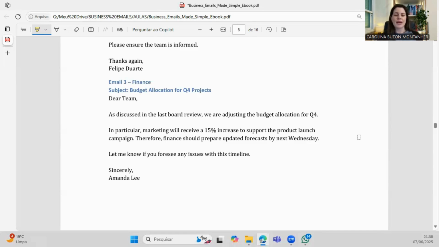And look at the last one. It's from finance, and the subject is the budget allocation for Q4 projects. Dear team, as discussed in the last board review, we are adjusting the budget allocation for Q4. In particular, marketing will receive a 15% increase to support the product launch campaign.